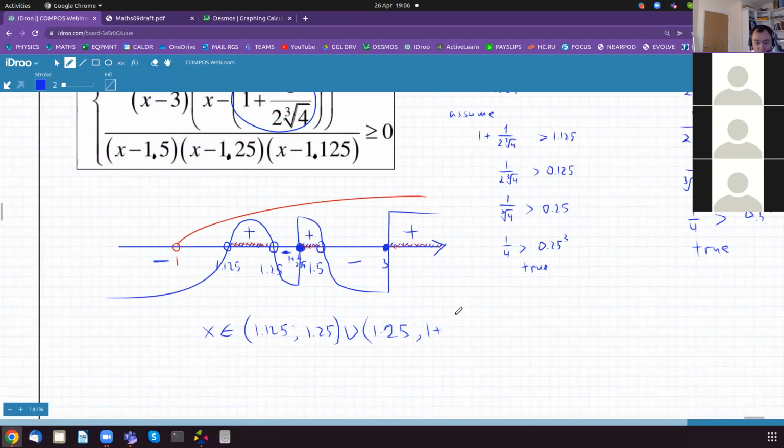From 1 plus 1 over 2 cube root of 4, including, up to 1.5, and or from 3 to plus infinity, not included. This is the answer.